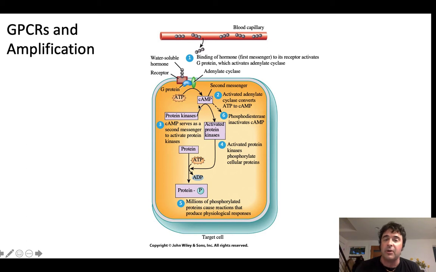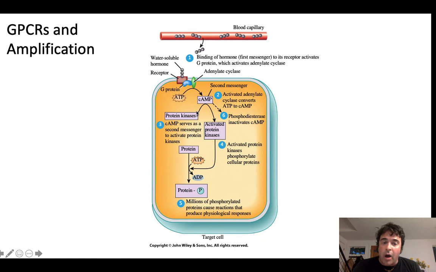That's called amplification. Cyclic adenosine monophosphate gives up a phosphate to a protein kinase, activating it. In other words, it turns protein kinases on. Now I want you to tune in here. Let's say you had 1,000 activated cAMPs, and every one of those can activate 1,000 protein kinases or whatever it is.